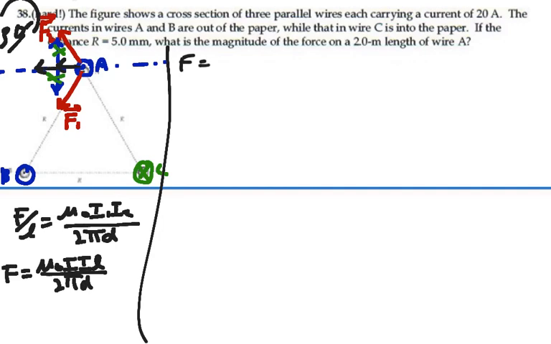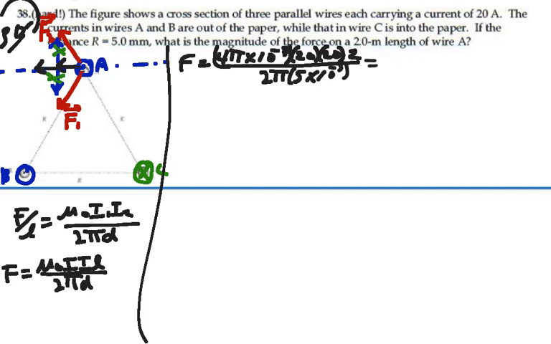So the force is going to be equal to mu naught, 4 pi times 10 to the minus 7, times 20 amps times 20 amps, and we have a 2-meter length of wire, all over 2 pi times 5 millimeters. And that's equal to 0.032 newtons.